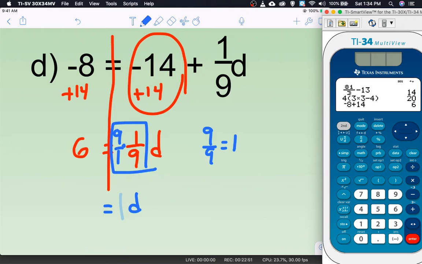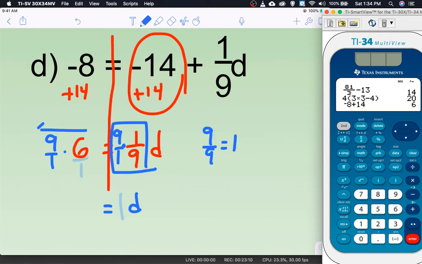And that's okay. That is what we're trying to get. We're trying to get the variable by itself. That ghost 1 doesn't change the problem, doesn't change the solution. When I multiply by the reciprocal on the other side, I'm going to make the 6 a fraction by putting it over 1.